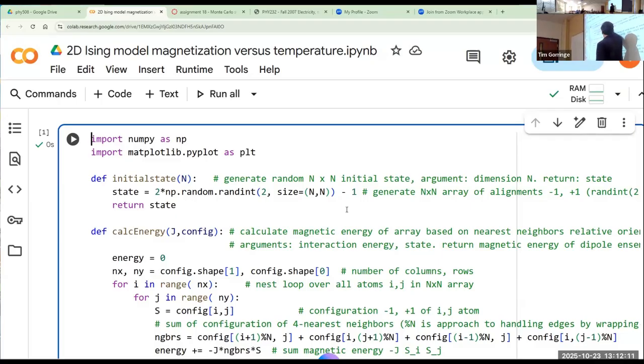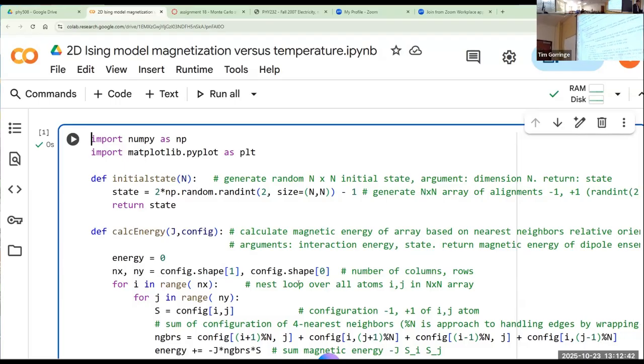So actually I'm generating a two-dimensional, say 10 by 10, array of zeros or ones. Now I don't want zeros and ones, because I want ups and downs. I want an array of plus ones and minus ones. We did this before: we just multiply this by 2 and subtract 1, and I get an array of plus ones and minus ones. So we're going to use that.